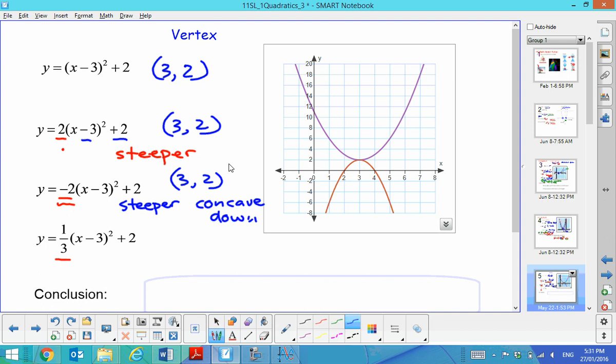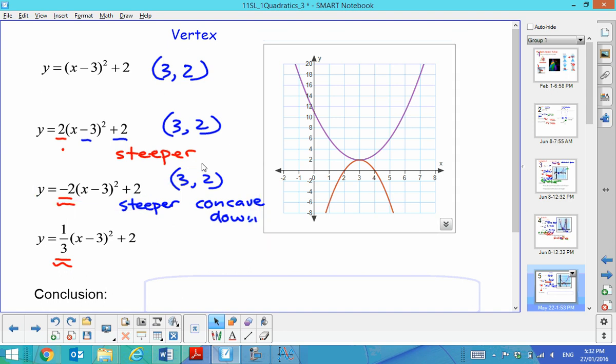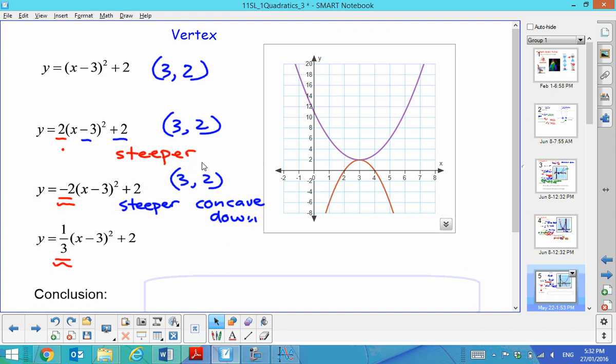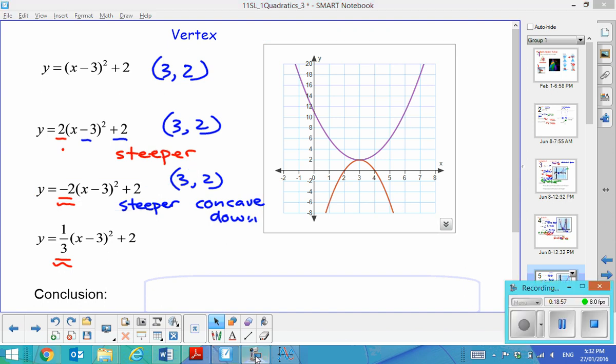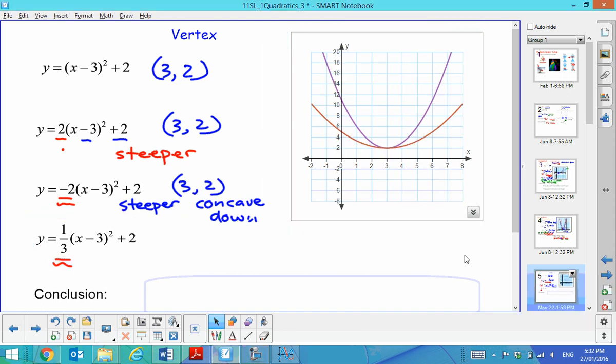The last one now we're looking at, if we've got this third in here, what are you going to predict? Hopefully you're going to see that the vertex is going to be at the same place, because that's the same. All right, so now I've got it working there.